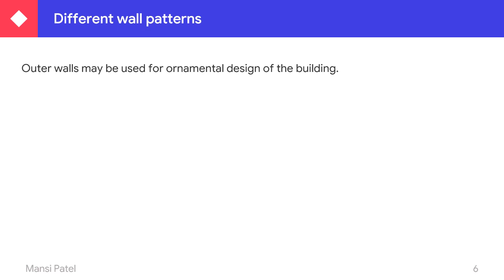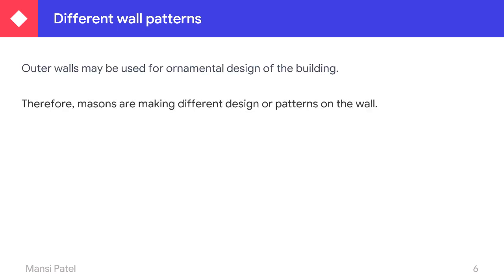If you see anything from the outside, you can see there will be many different designs. There are many different wall patterns, and those wall patterns are known as the ornament of that theme. Therefore, masons are making different designs or patterns on the wall.